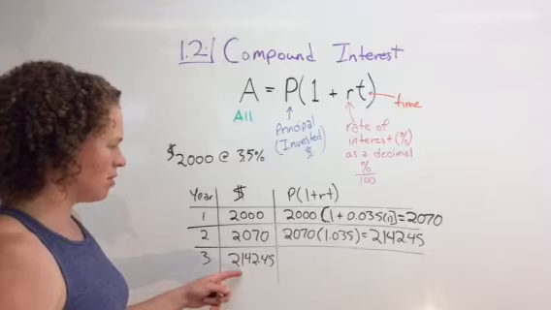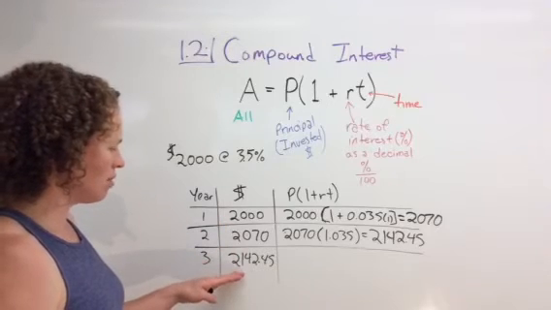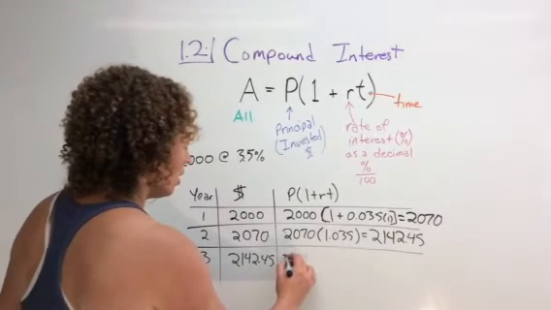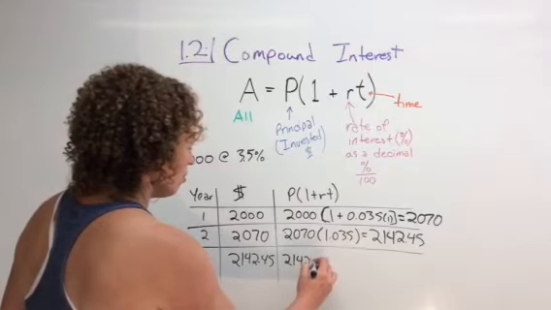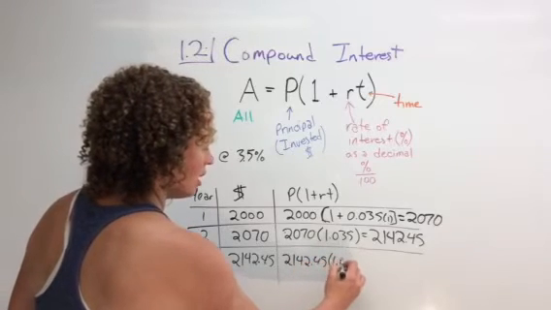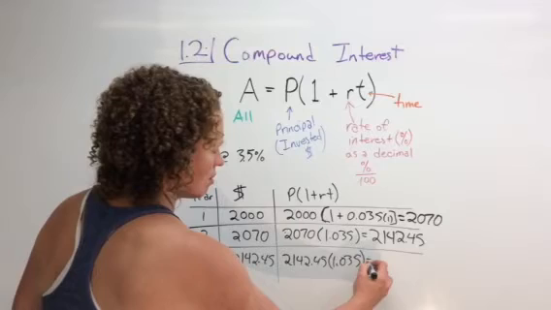So that number comes over here. That's our new amount for the year that we're going to take interest from. So now I'm going to put it here and multiply it by 1.035.